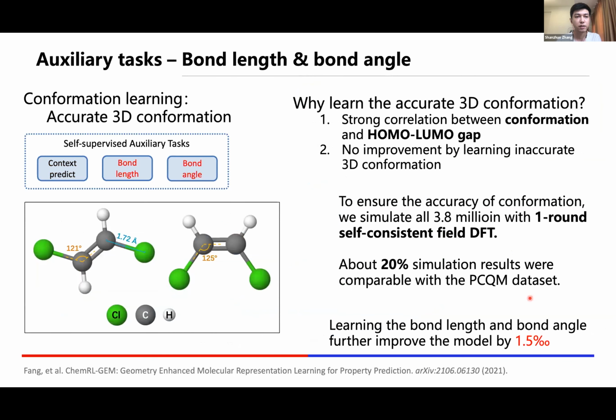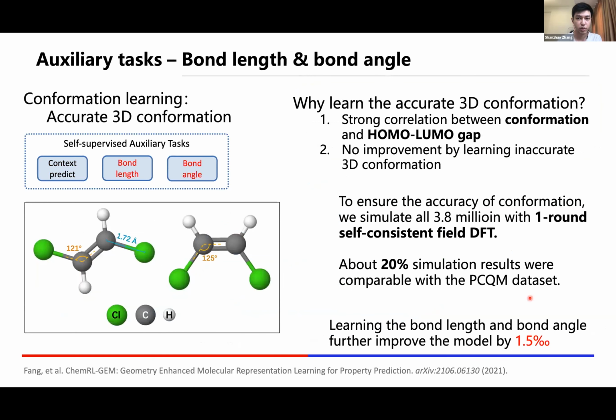And the last 2 tasks are to predict the bond length and the bond angle. Bond length and bond angle can only reasonably be extracted from the 3D conformation. But we believe this is important because molecules with the same topology may be different when seen from the 3D perspective.